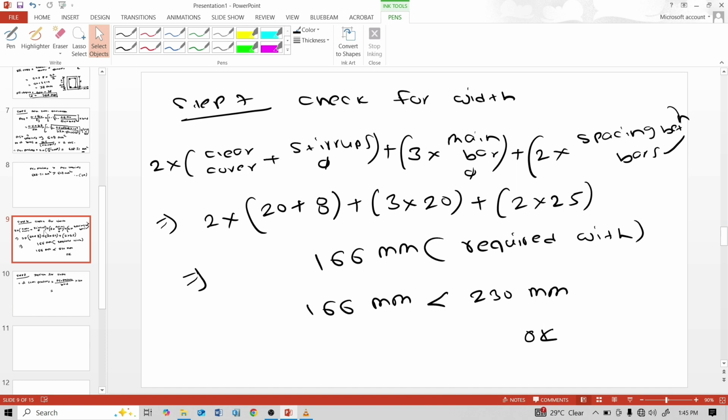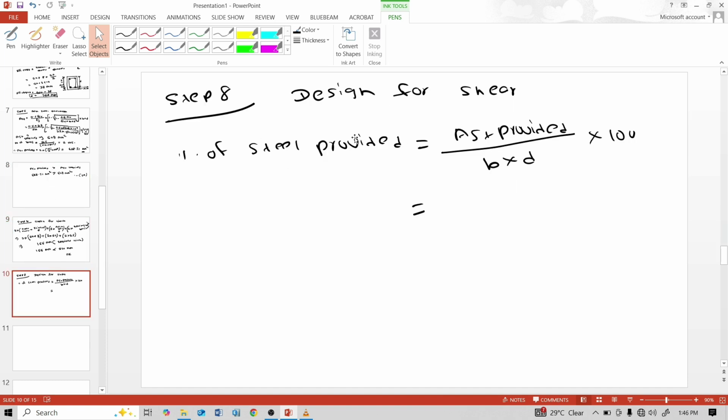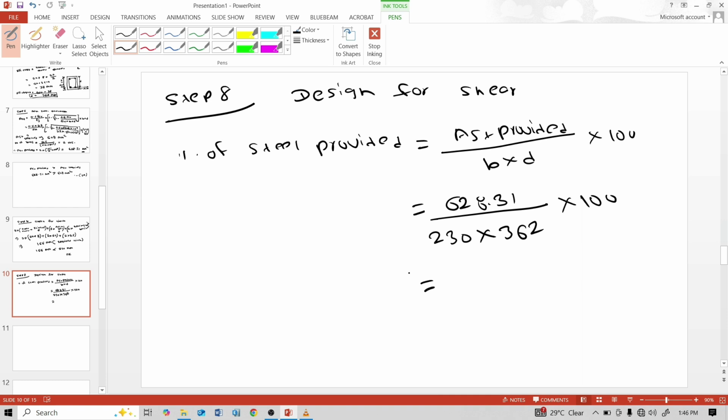Our AST provided is 628.31 divided by B into D, where beam width is 230 into effective depth is 362, into 100. Value comes 0.75%. Percentage of steel provided 0.75%.